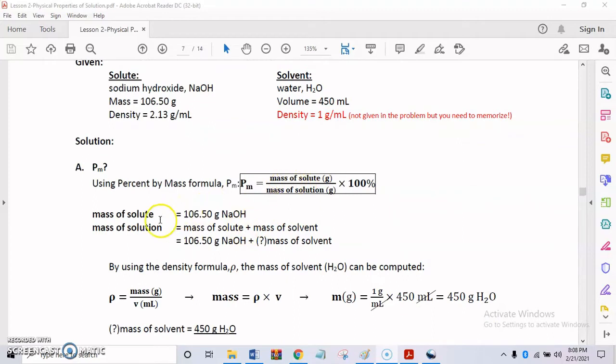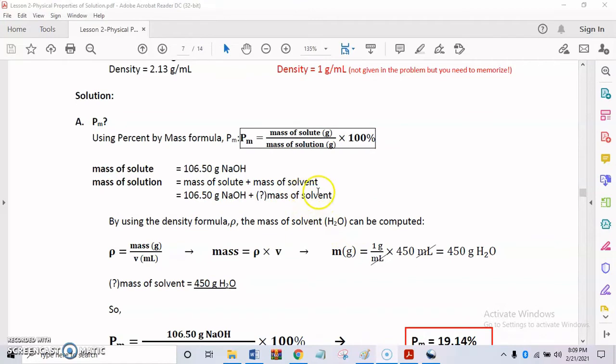We have the mass of solute here, 106.50 grams of sodium hydroxide. And then the mass of solution is the mass of solute and mass of solvent. Since we have the mass of solute, we can automatically put it in here. And the mass of solvent, we need to solve that.